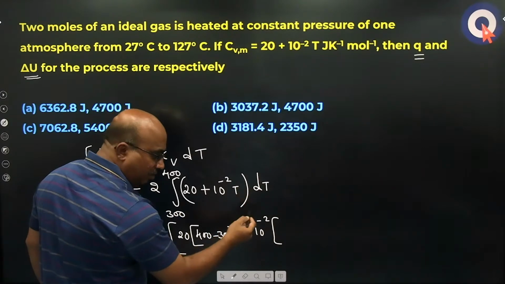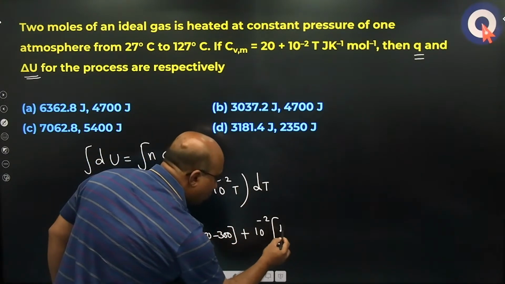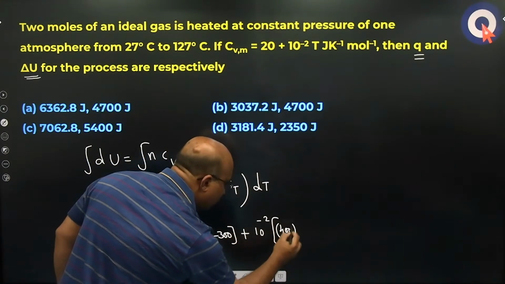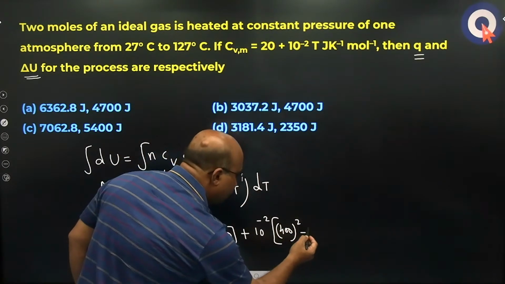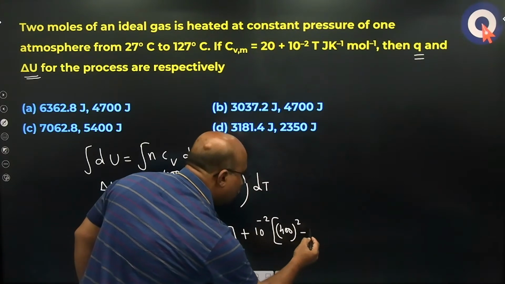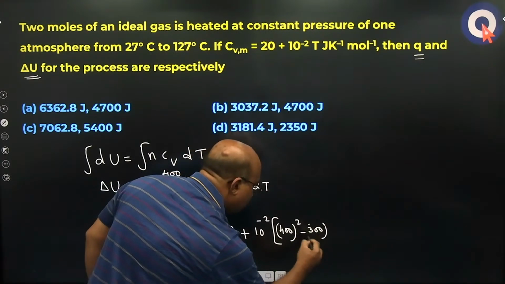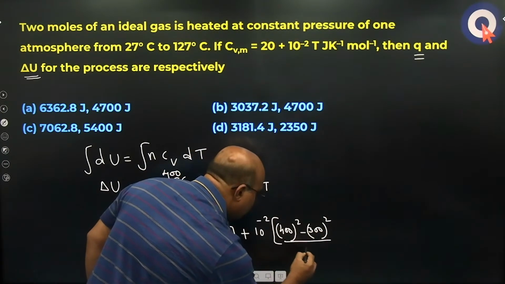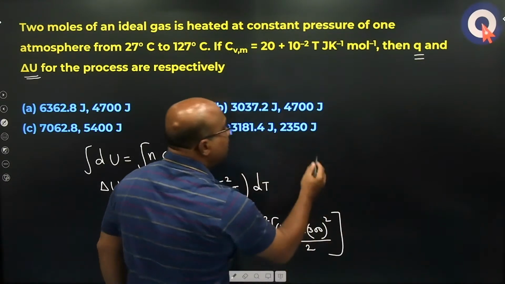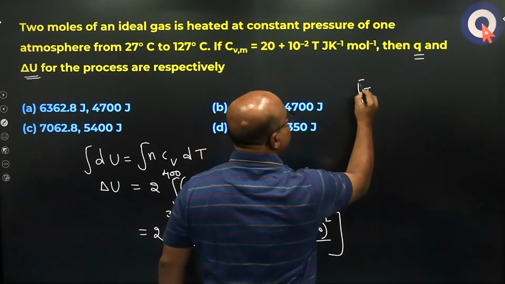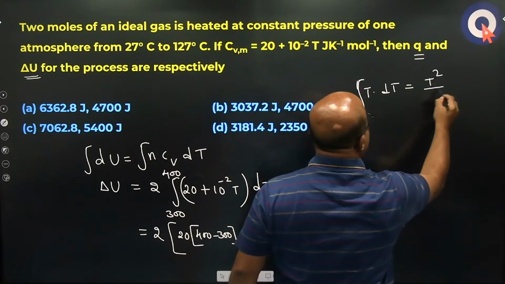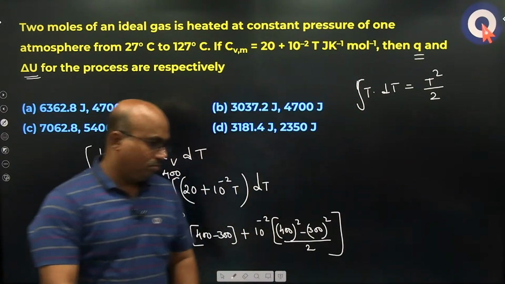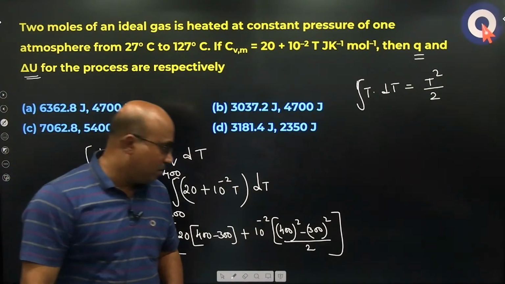So that limits again if you apply it. So it's nothing but 400 square minus 300 square by 2. So that integration of t dt is t square by 2. Okay.